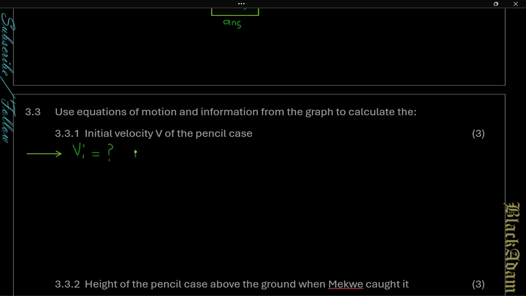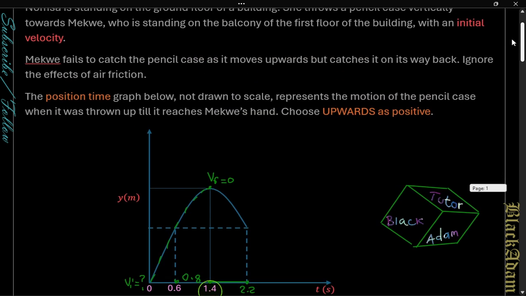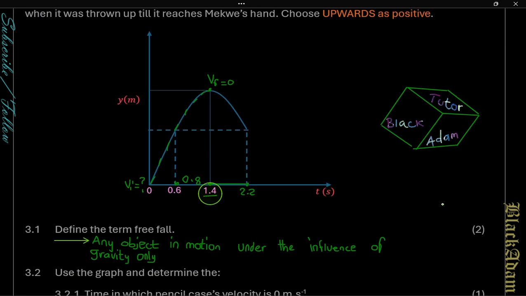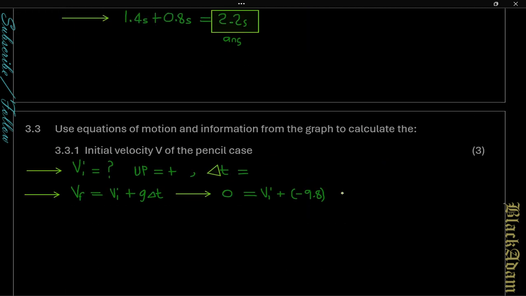Initial velocity unknown, up we take as positive, and final velocity equals initial velocity plus acceleration multiplied by time. So final velocity is 0, initial velocity we don't know, acceleration is negative 9.8, and change in t is 1.4.